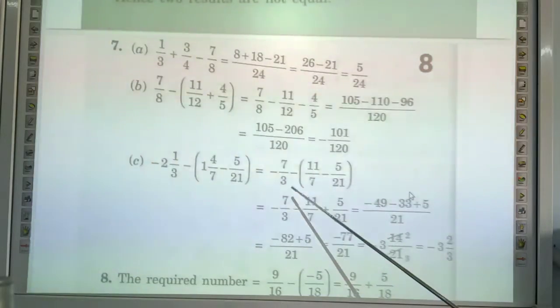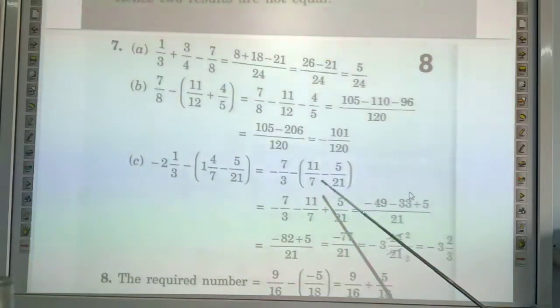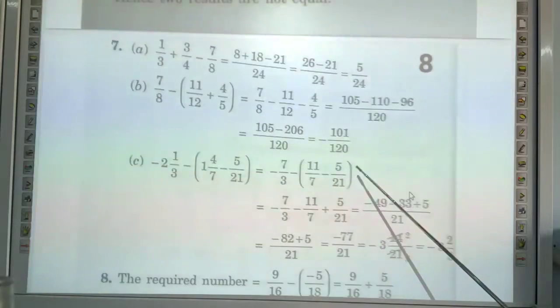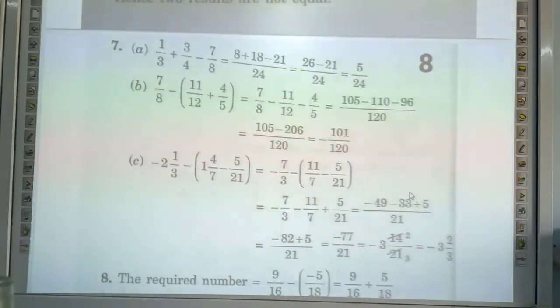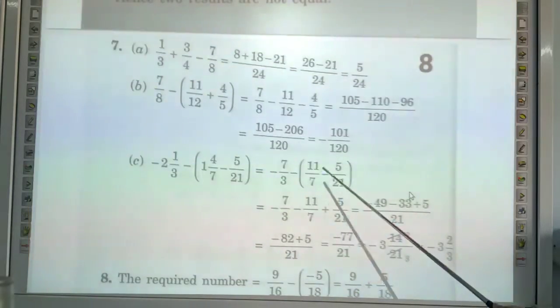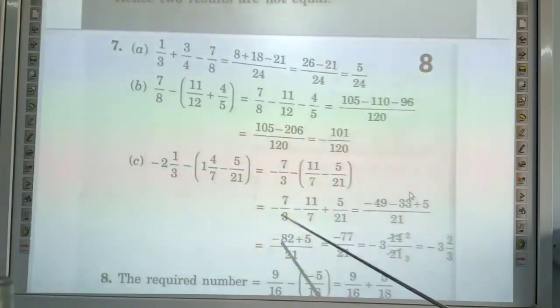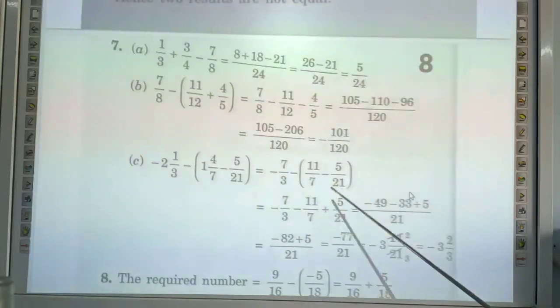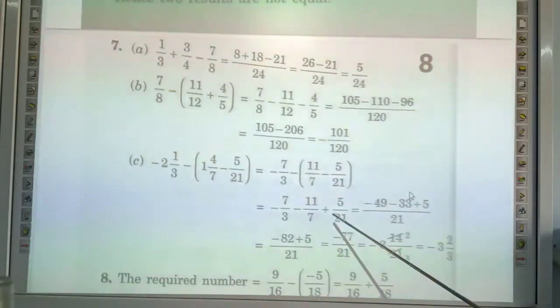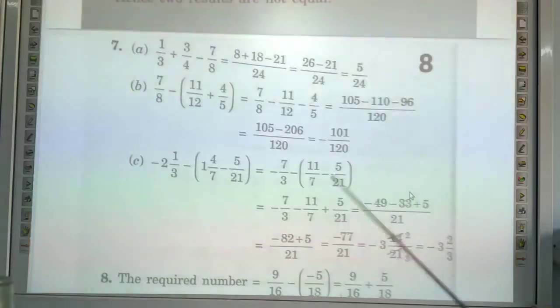This is minus 7 upon 3, then minus 11 upon 7, minus 5 upon 21. Now the bracket is opened. When the bracket is opened, we get minus 7 upon 3, minus 11 upon 7, and here minus will become plus, we get plus 5 upon 21.